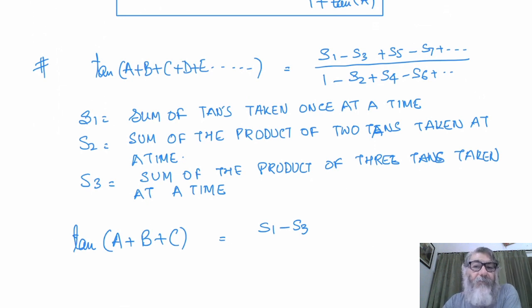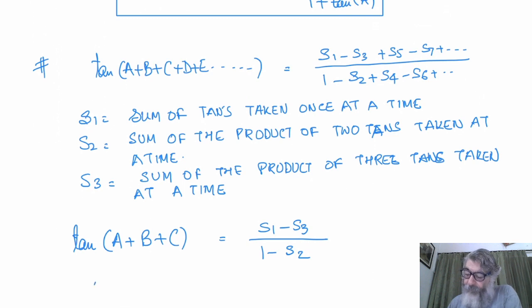How can I take four, or how can I take five? So S1 minus S3, and in the denominator only 1 minus S2. Why? Because S4 would come next. In the numerator S5 was there, but only three are there. How can I take the product of five tangents together?